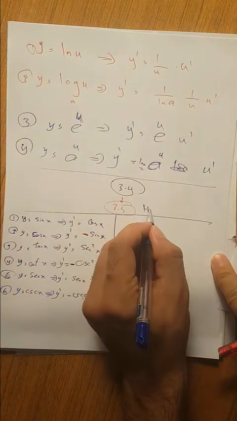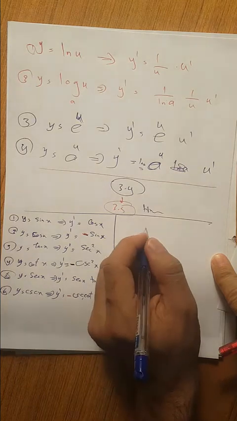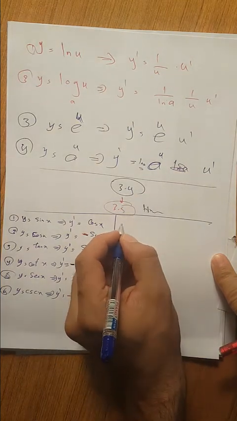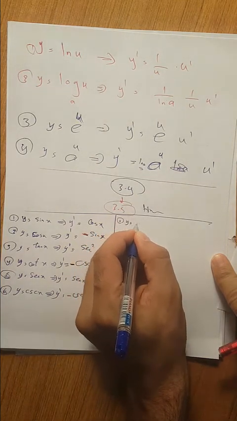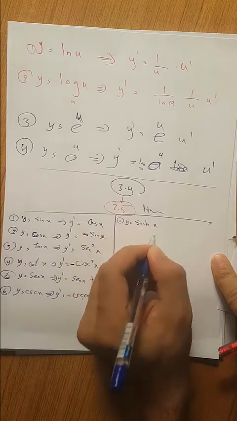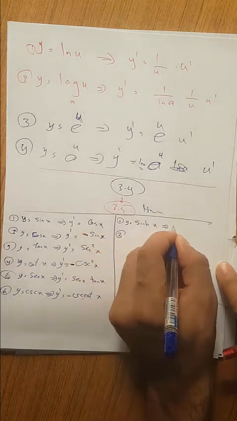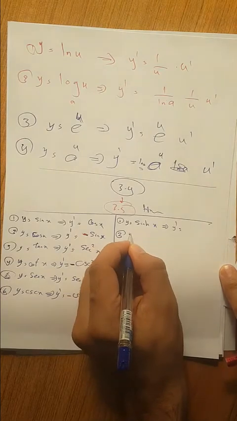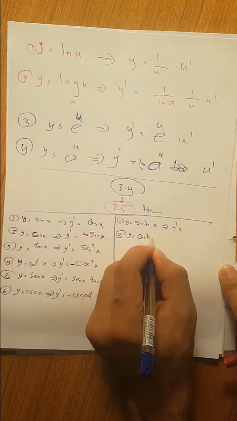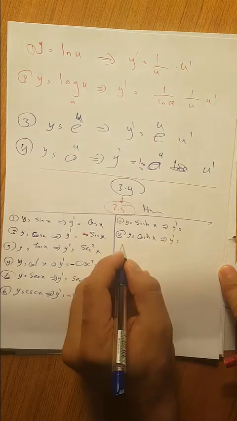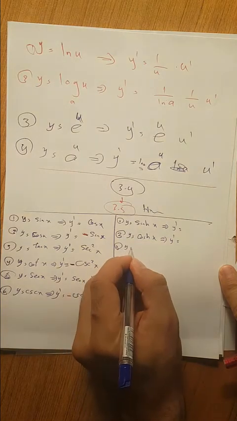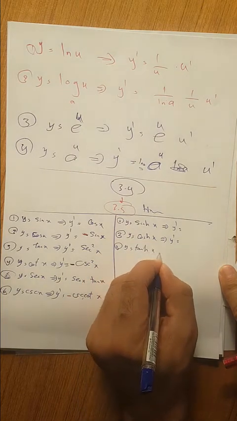because in 3.5 we have hyperbolic derivatives. So if y is equal to sinh of x, then y prime is equal to what? If y is equal to cosh of x, then y prime is equal to what? Y is equal to tanh of x.